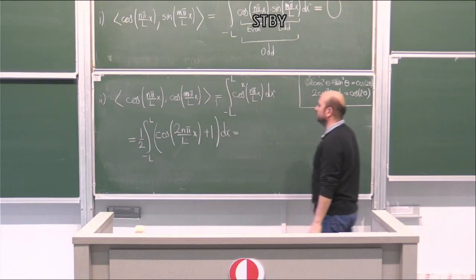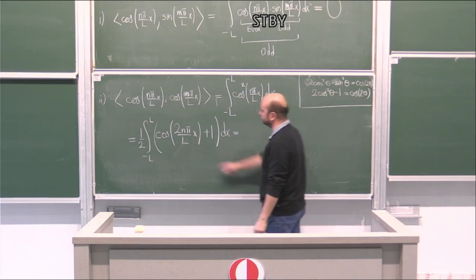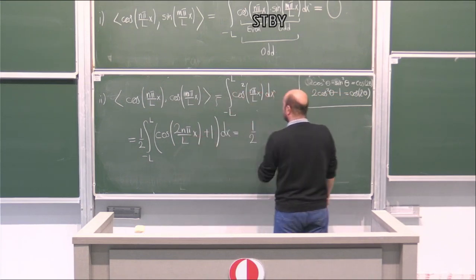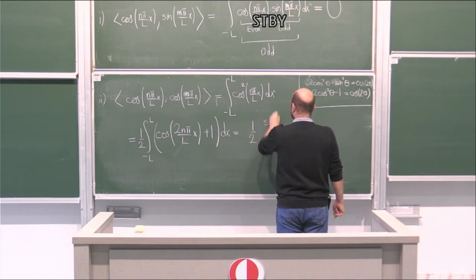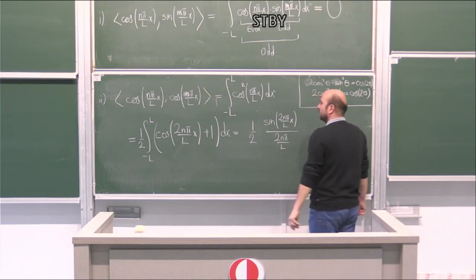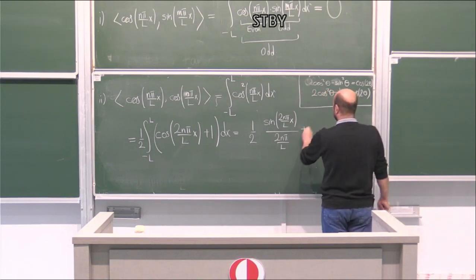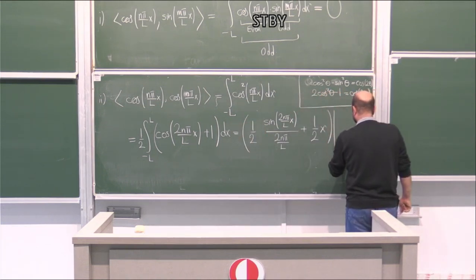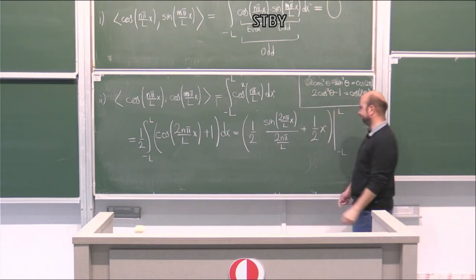If you look at the integral of this, we have 1 over 2 sine 2 n pi over L x divided by 2 n pi over L, and 1 over 2 x, from minus L to L.